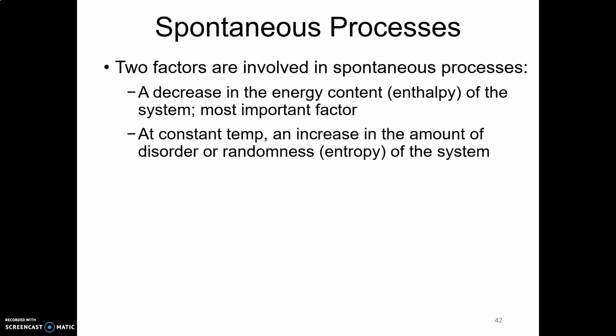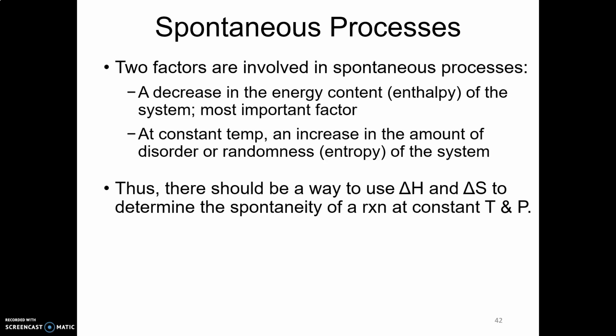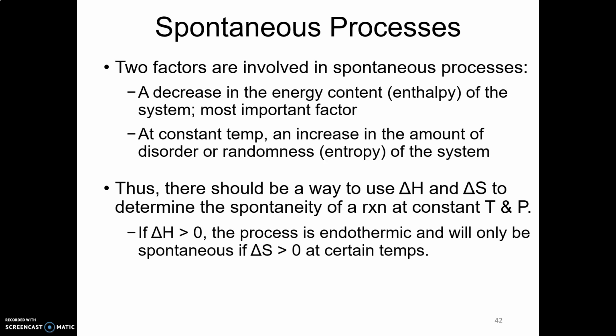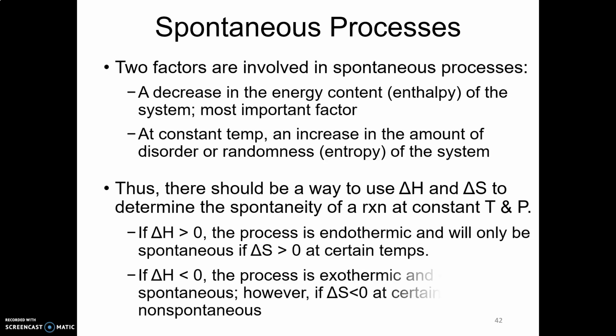Entropy is dependent upon temperature, and at really high temperatures, entropy can actually flip the sign of delta H, which is crazy but true. So what that means is that we can't use just one to determine the spontaneity of a system.